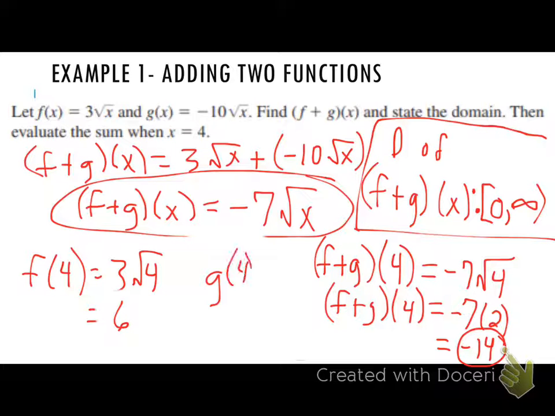And I could have plugged 4 in for g of x. What's negative 10 times 2? Negative 20. So I could have plugged 4 into both of those, added those two together. What's 6 plus negative 20? Negative 14. Does everyone see that?